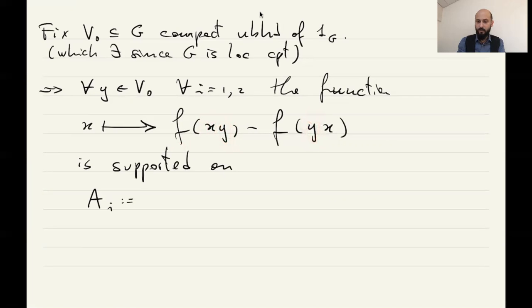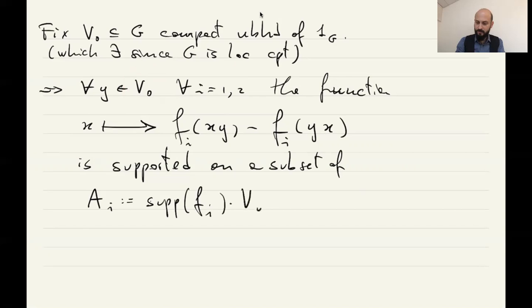But then y is chosen in V0, so this is supported on a subset of the support of f_i times V0 union V0 times the support of f_i.